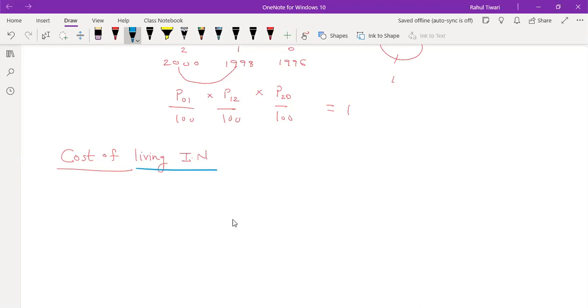Maybe I will say it like this: the higher income people's cost of living will be different, the middle class income people will be living differently, and the poor or lower class income people's living will be different. So it varies from price to price.